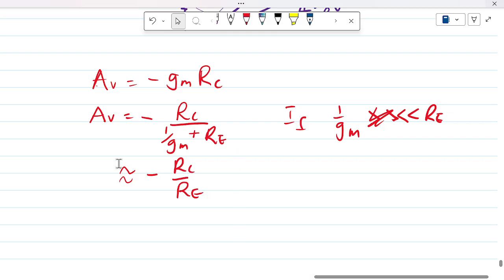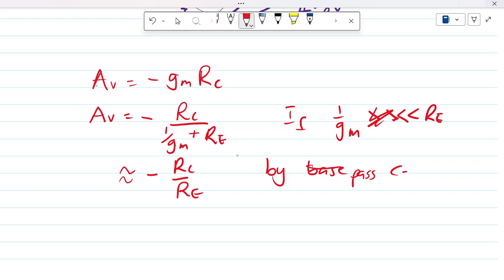But if I use a bypass capacitor, then the AC signal will not see the emitter degeneration. The emitter degeneration will just be seen by the DC current.